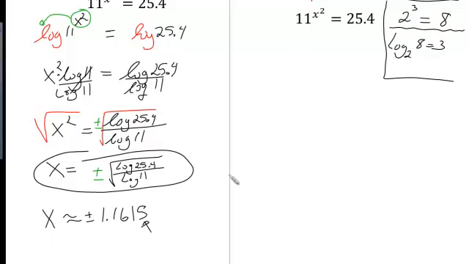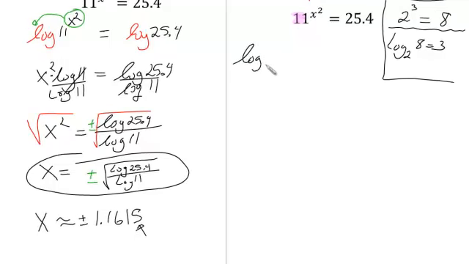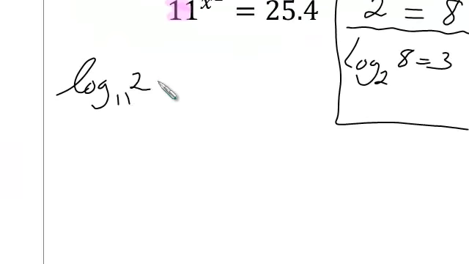We have that the base is 11. So we're going to just rewrite this equation as a log. We're going to say log base 11 of 25.4 equals x squared. Right? So go back to how to rewrite things from exponential to logs if you're having a hard time with that.